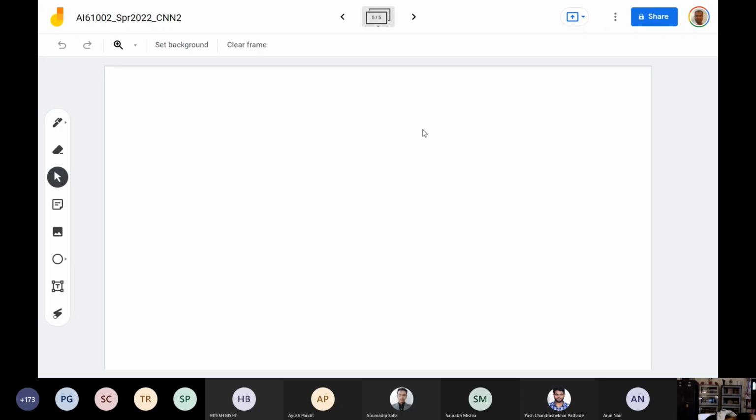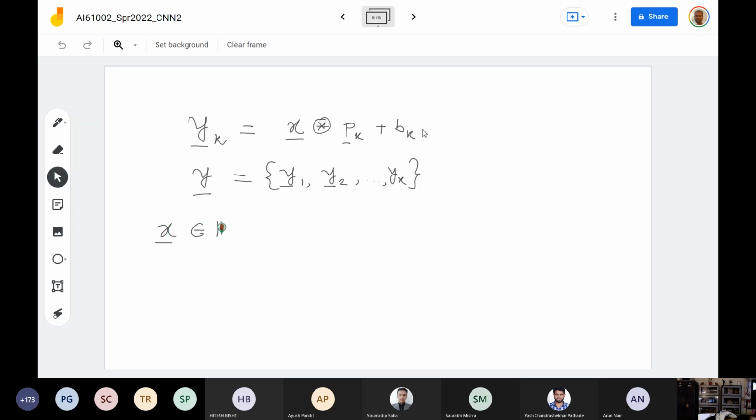I will get Yk, which is equal to X convolved with Pk plus Bk, and Y is equal to the concatenation of all of these, Y1, Y2, up to Yk. And here I can write that X belongs to R to the power of C cross M cross N.